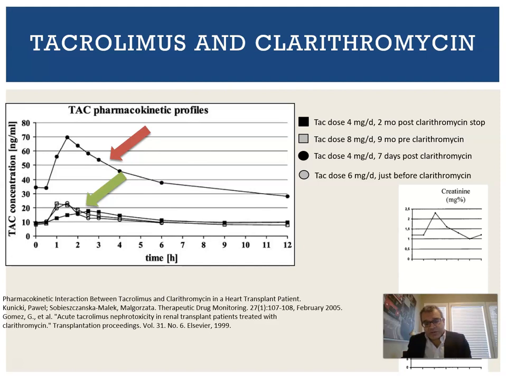So the higher concentration reflects nephrotoxicity, and as the TAC level goes down, serum creatinine goes down. So how can we deal with this interaction? Do we need to use clarithromycin? Can we use another antimicrobial? If not, very close monitoring and significant dose reduction of tacrolimus is needed. Okay.